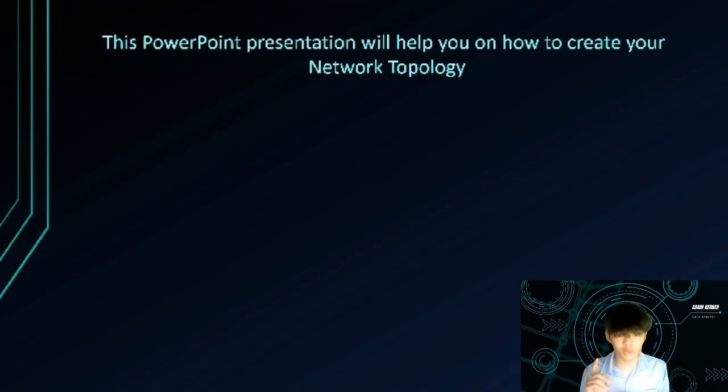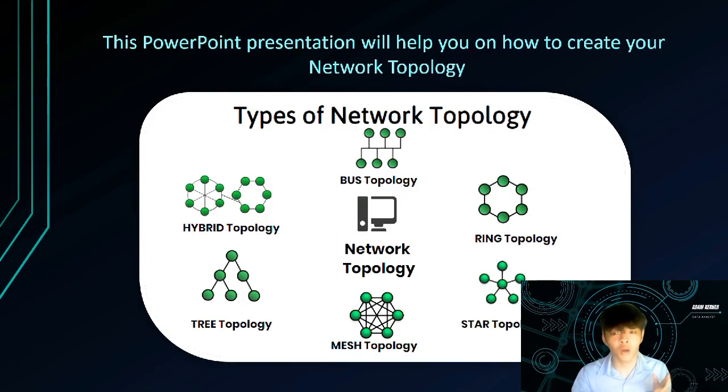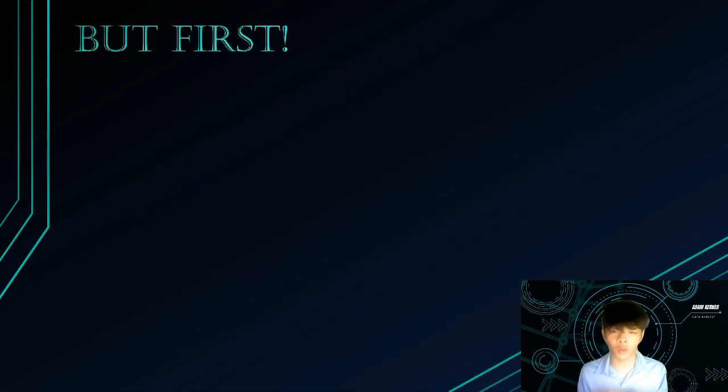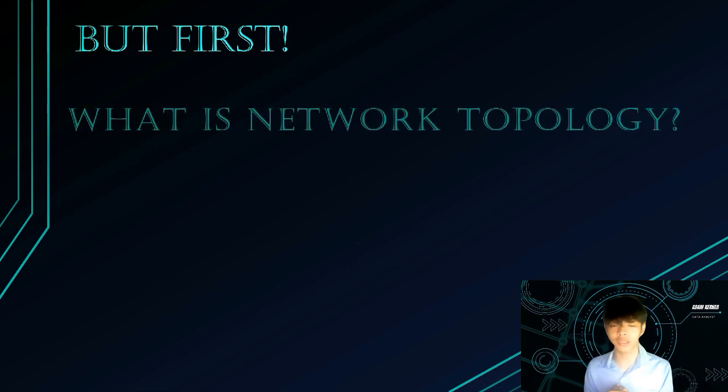First off, we need to know what network topology is. Examples are on the screen: the bus topology, ring topology, star topology, mesh topology, tree topology, hybrid topology, and peer-to-peer connection. So first of all, what is network topology?